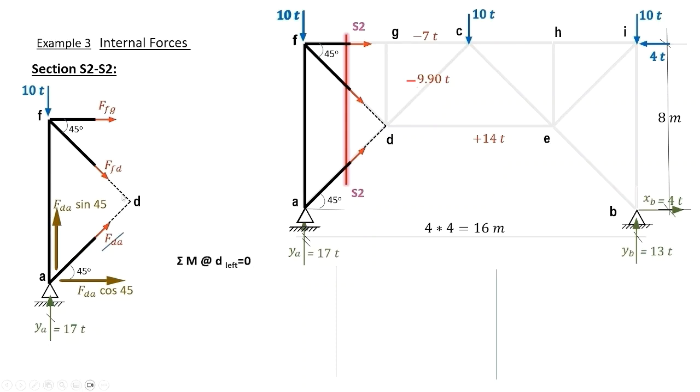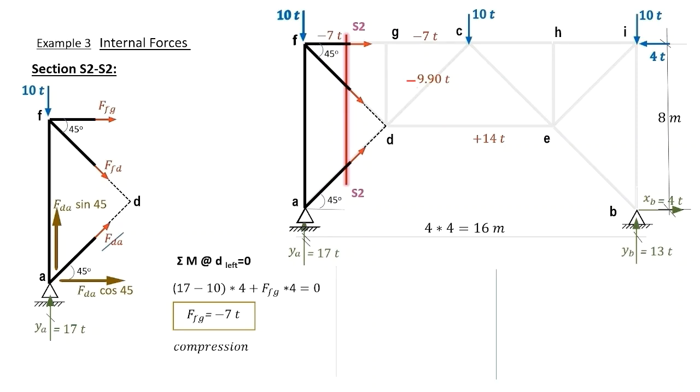Sigma moments about D equals 0 gives 17 minus 10 tons multiplied by the arm 4, and we explained previously that those two forces can be summed up together if they have the same arm. And the force in FG multiplied by the arm, the vertical arm, 4 meters equals 0. This gives the force in FG equals minus 7 tons compression and is plotted on our diagram.